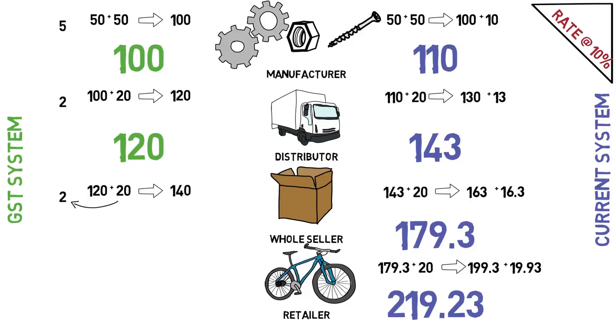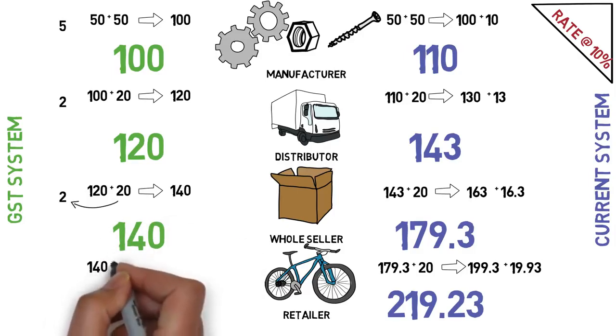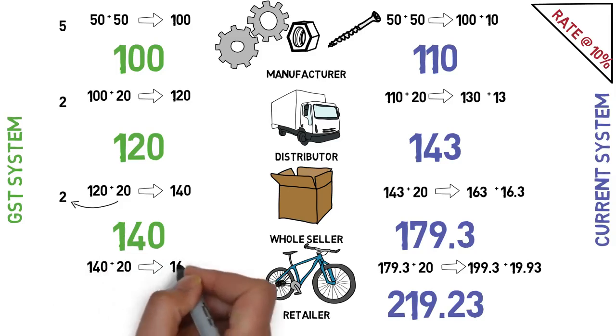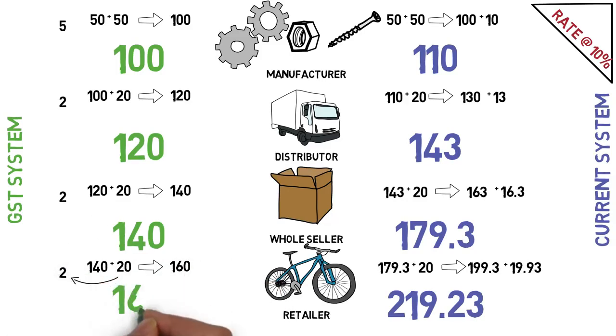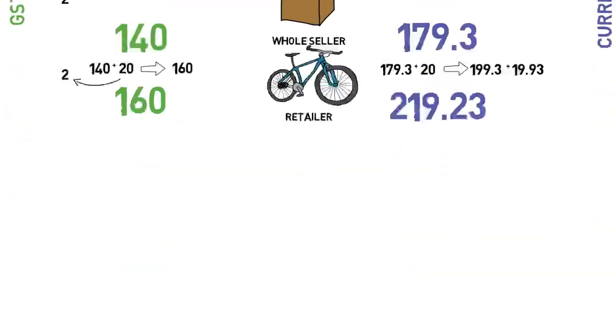Retailer buys the product for 140 rupees, adds profit of 20 rupees, pays the taxes of 2 rupees on his profit of 20 rupees and raises the final consumer price to 160 rupees. So if the prices are compared, the product is 59.23 rupees cheaper in GST system than the current system. Let's take GST in details.